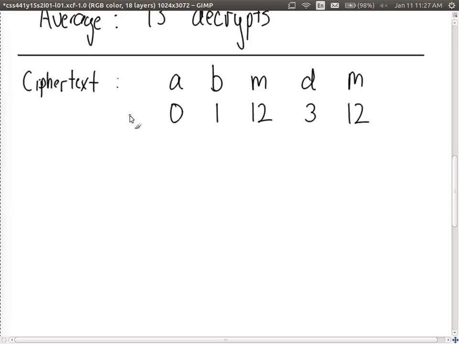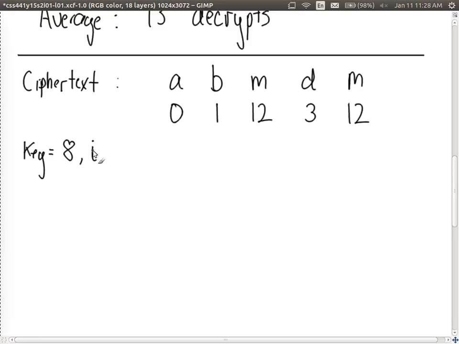So our ciphertext numbers are 0, 1, 12, 3, and 12. Our key in this case, we found the key to be 8, or I. The letter I.